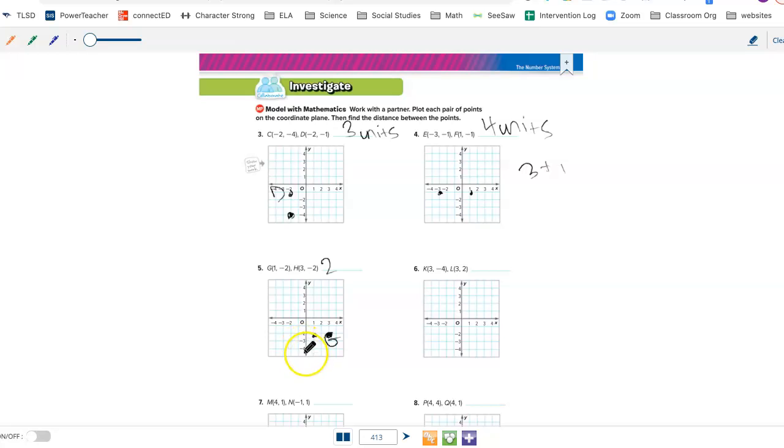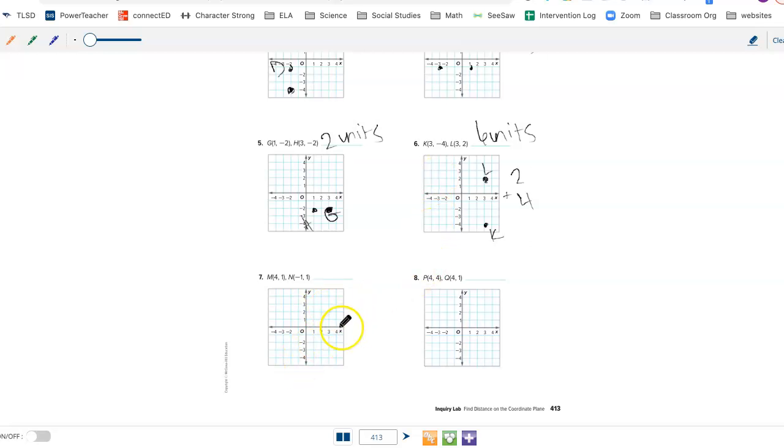That should be H. Sixth is 3, -4, so go over to 3, down to -4. L is 3, 2. So again, this is 2 units away from 0, so that's 2. And how far is this away from 0? That is 4, so 2 plus 4 is 6. Again, if you want to count, you can just do it that way.